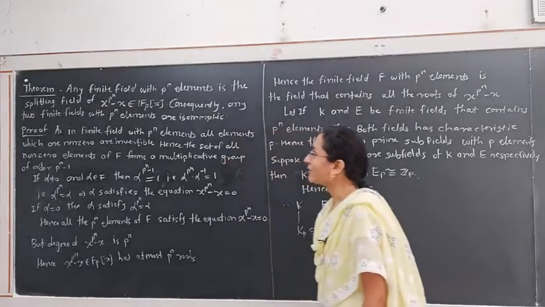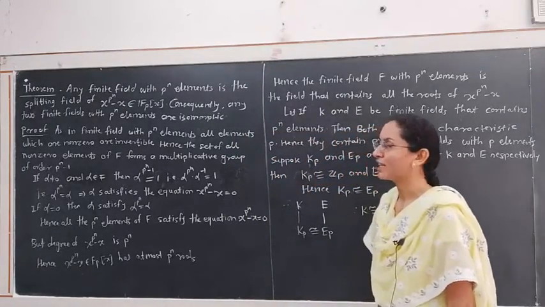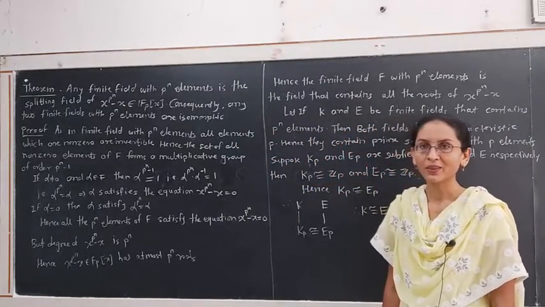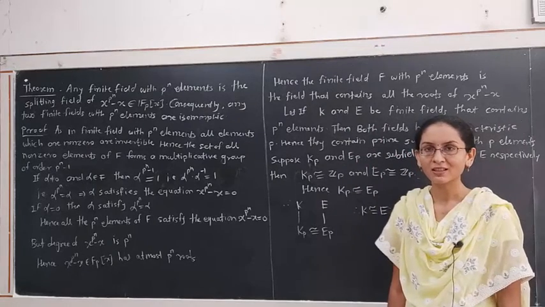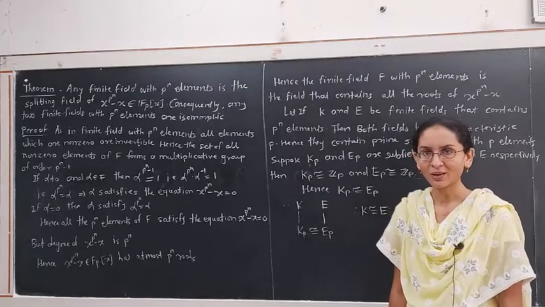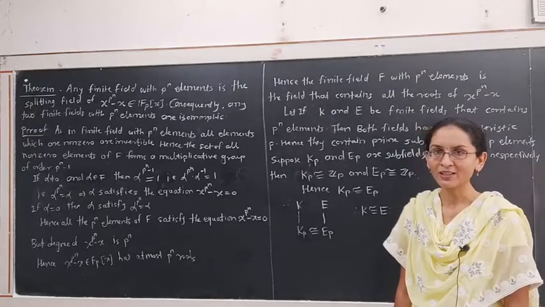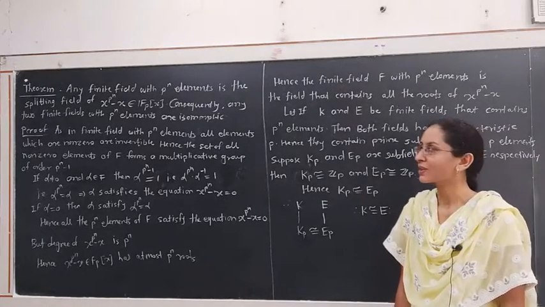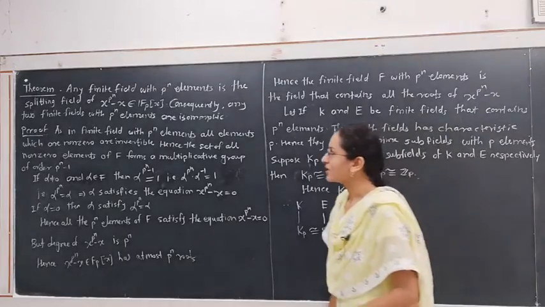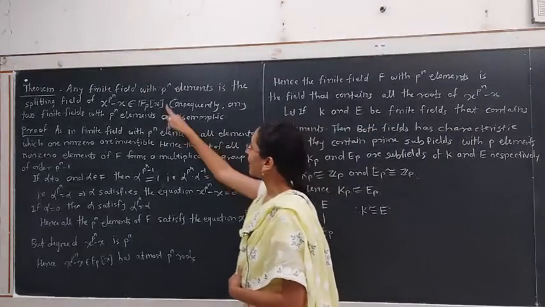Theorem: any finite field with p raised to n elements. We know that a field that contains a finite number of elements is called a finite field. The characteristic of a finite field is a prime number p. So we consider a finite field with p raised to n elements.